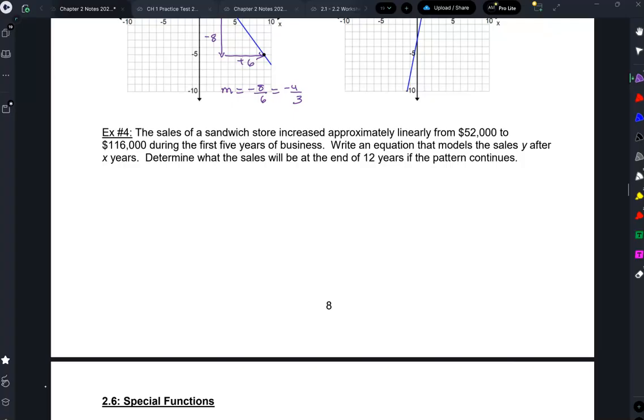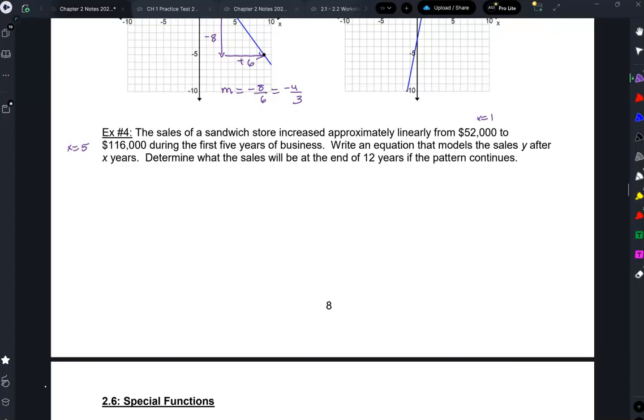And then at the end of the 5 years, it had made this much money. So this is at x equals 1. This is at x equals 5. Write an equation that models the sales y after x years. Determine what the sales will be at the end of the 12 years if this pattern continues.